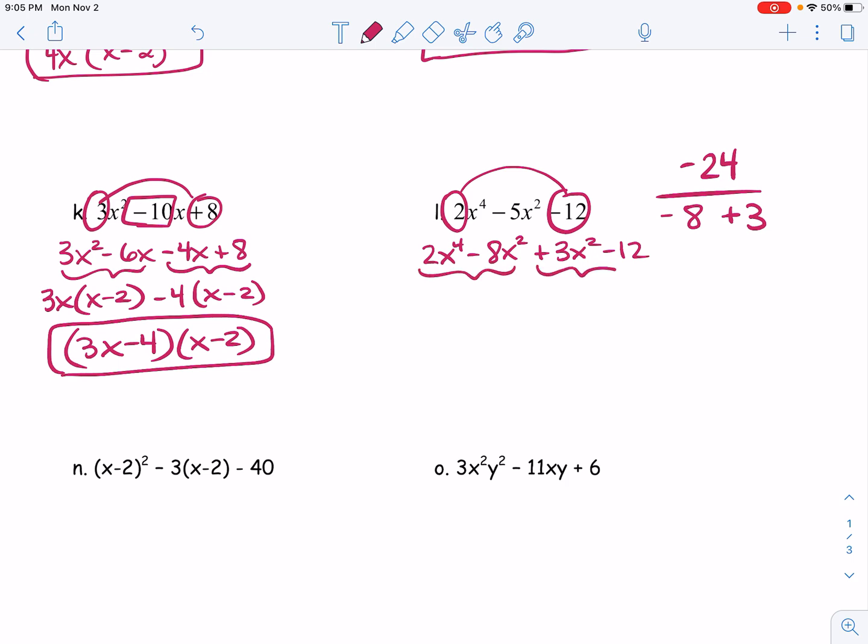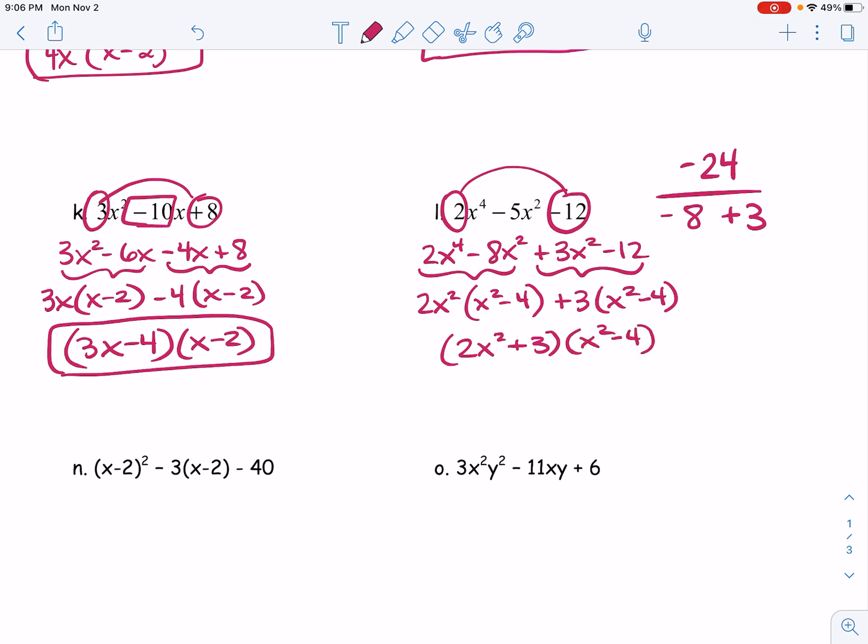GCF of the first two, GCF of the last two. The first two have a GCF of 2x squared, leaving me with x squared minus 4. Hint, hint, wink, wink, nudge, nudge. And then I have a GCF of the last two terms of a positive 3, leaving me with x squared minus 4. So my factors are 2x squared plus 3 and an x squared minus 4.